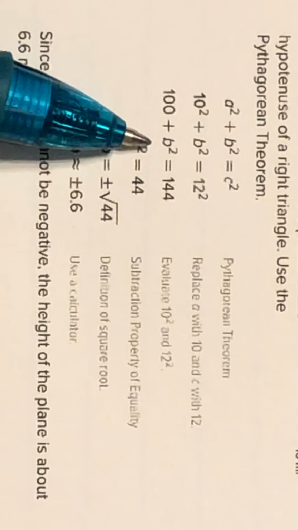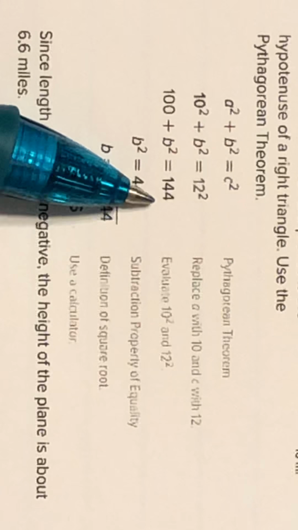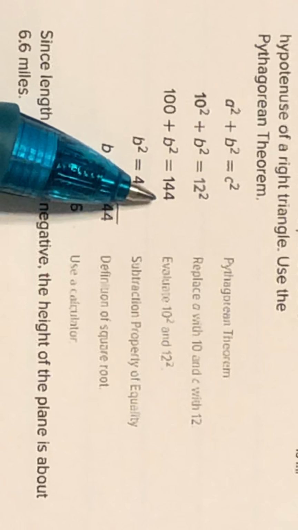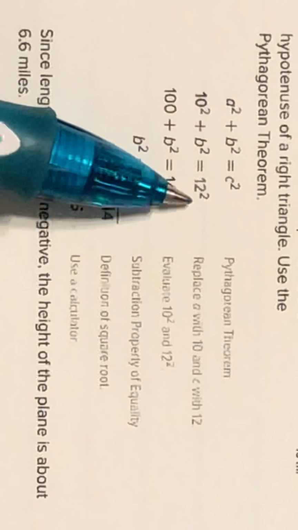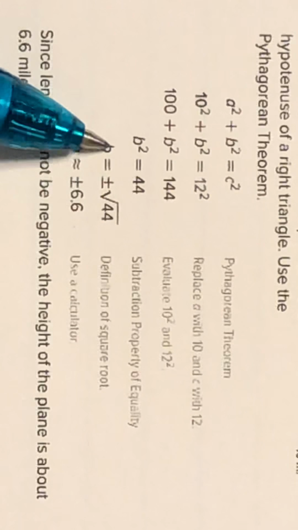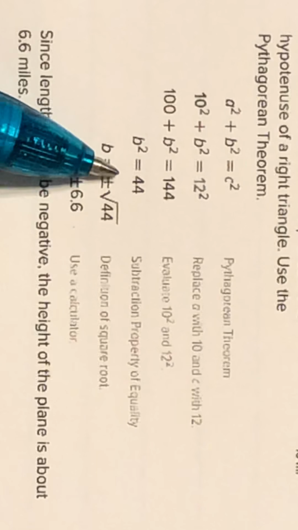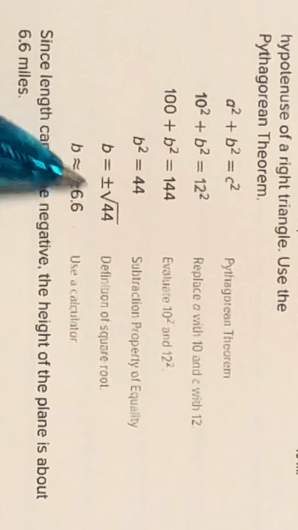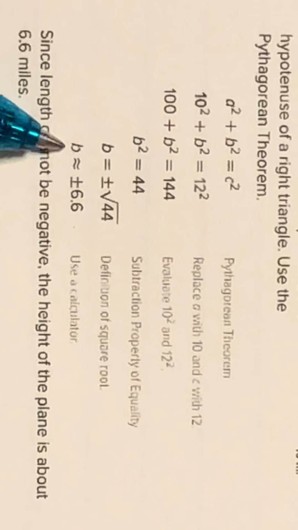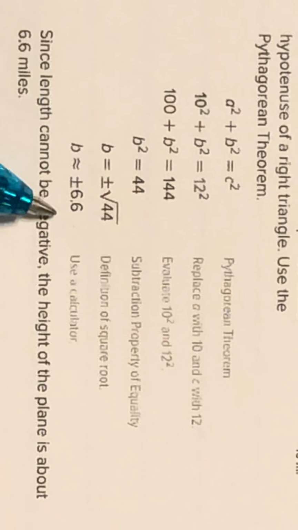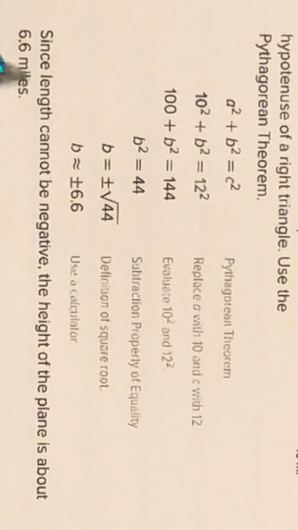So 100 plus b squared equals 144. By the subtraction property of equality, I can subtract 100 from both sides. So I get b squared equals 44. And then I take the square root of both sides. So b is approximately plus or minus 6.6. And since length cannot be negative, the height of the plane is about 6.6 miles.